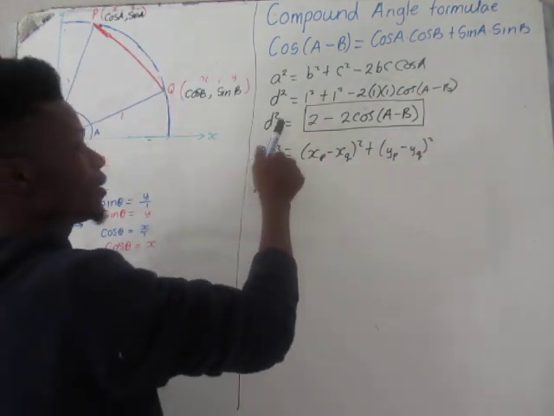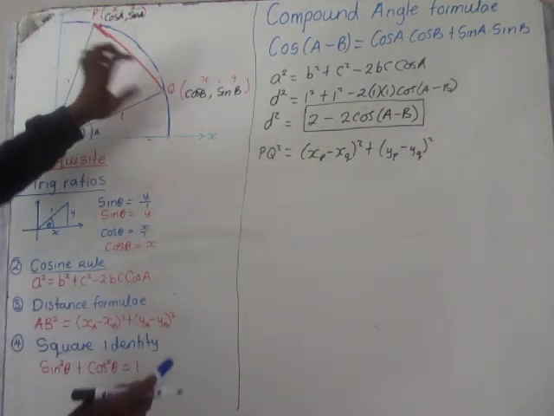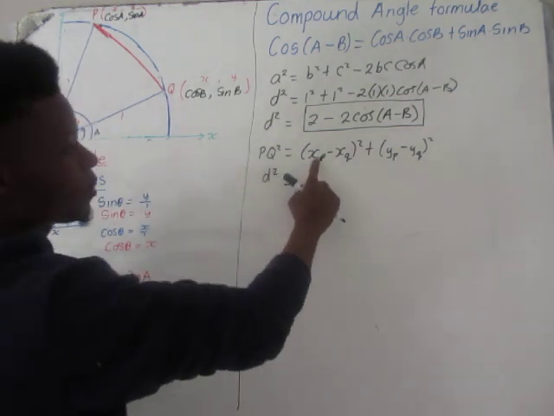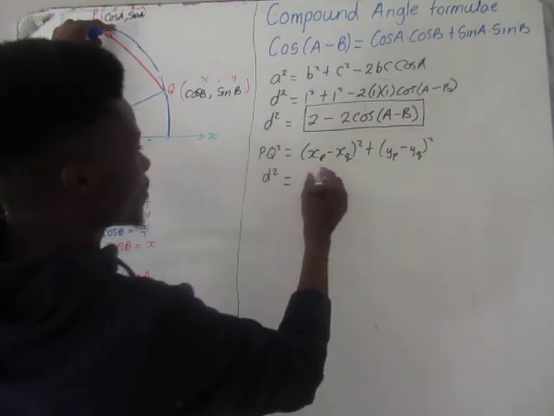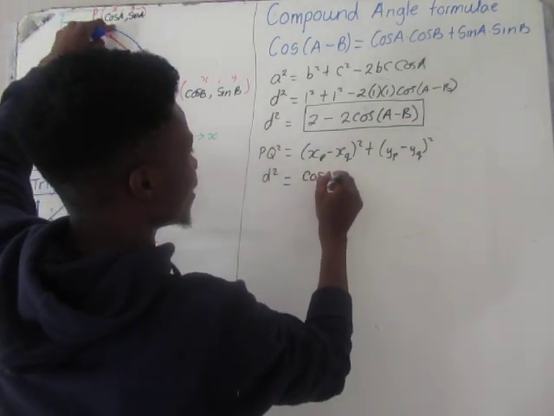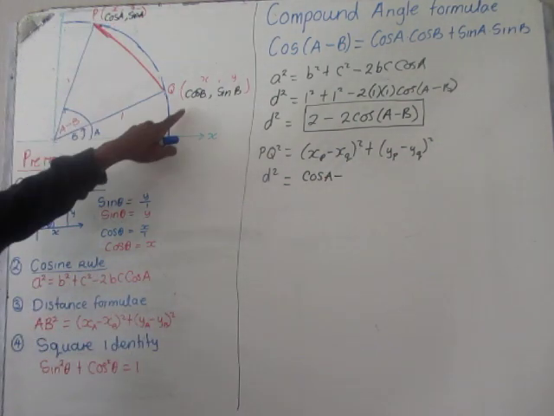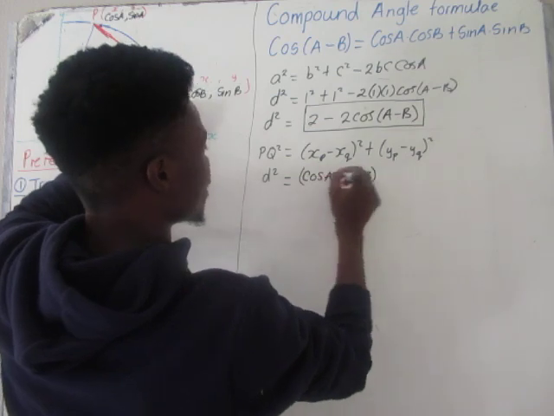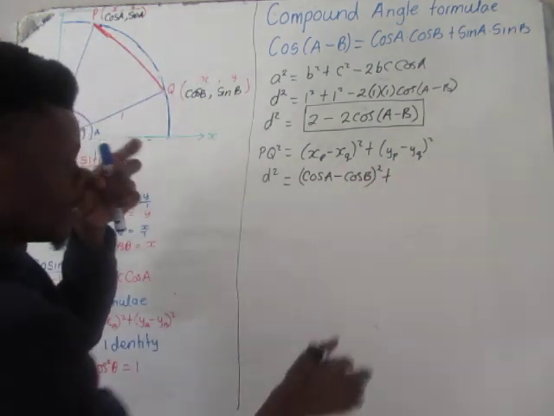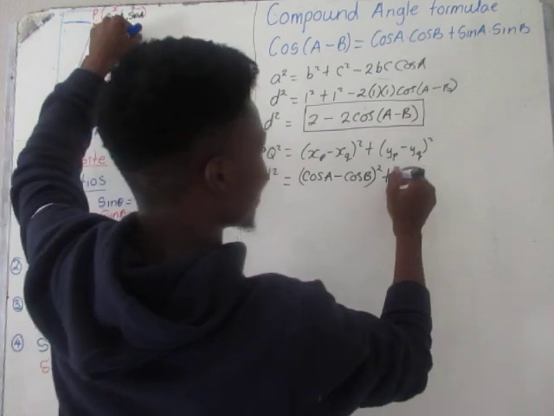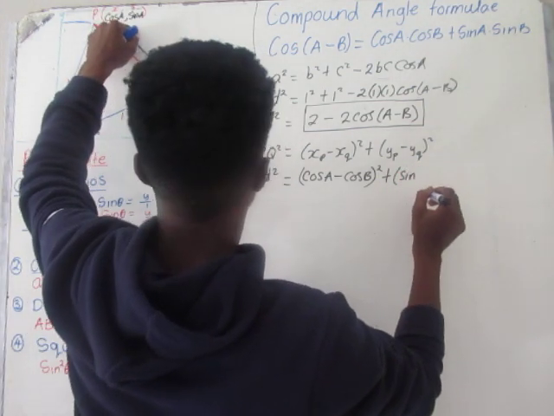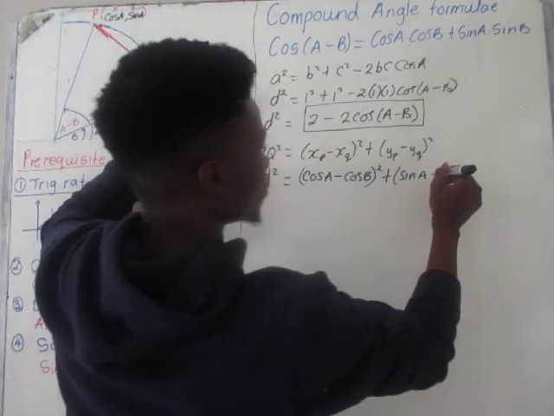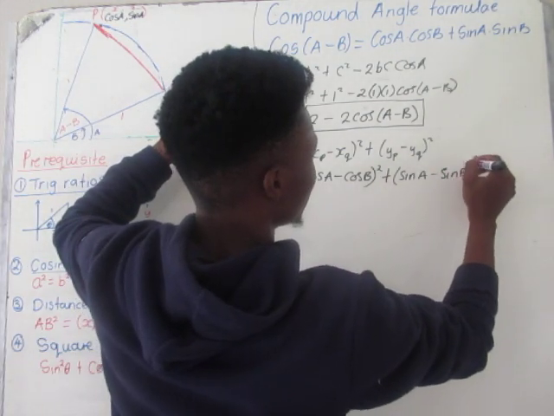Now we know that PQ squared just represents this distance, so d squared equals the x coordinate at P, now instead of writing x we write cos A, minus the x coordinate at Q, which means cos B, and everything is squared, plus the y coordinate at P, so y means sine, so we have sine A minus the y coordinate at Q, which is sine B, close squared.